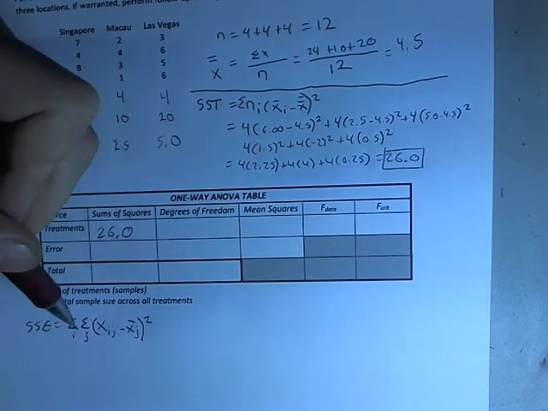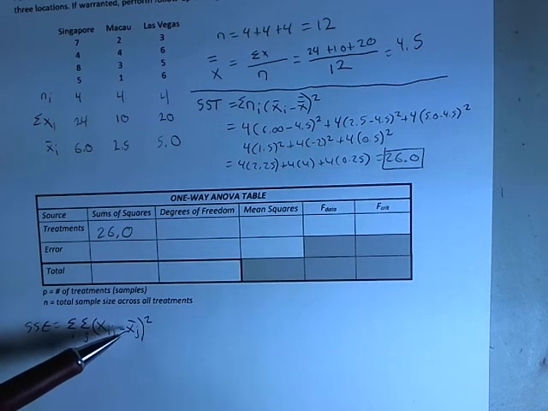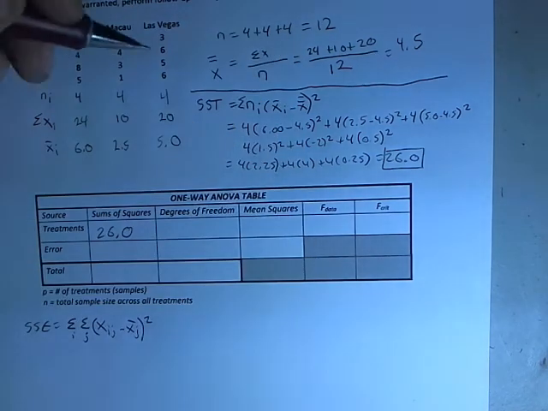And what it's saying is figure up each individual x value's deviation within its sample, square that value, and do that for every individual value.